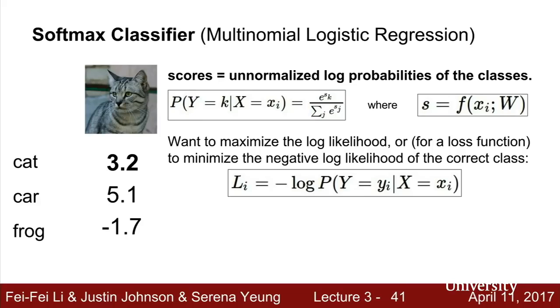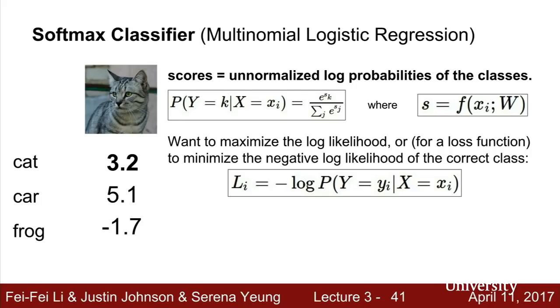Now the interpretation is that there's this computed probability distribution that's implied by our scores, and we want to compare this with the target or true probability distribution. If we know that the thing is a cat, then the target probability distribution would put all of the probability mass on cat. So we would have probability of cat equals 1 and 0 probability for all the other classes.